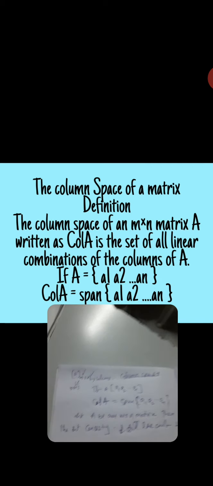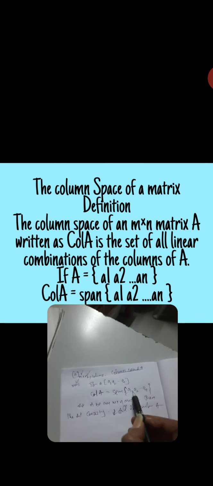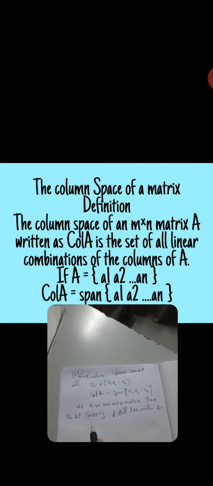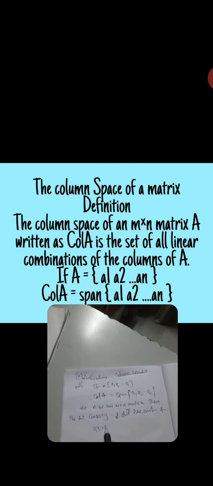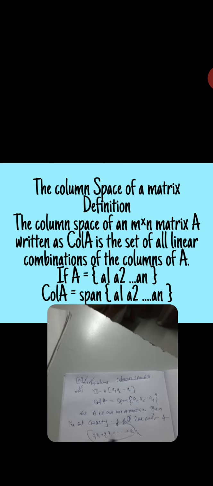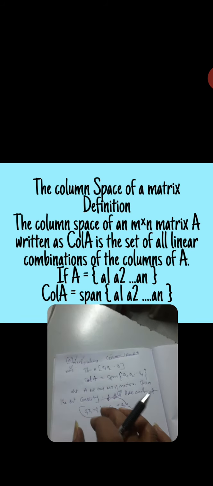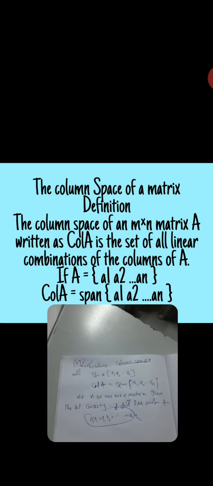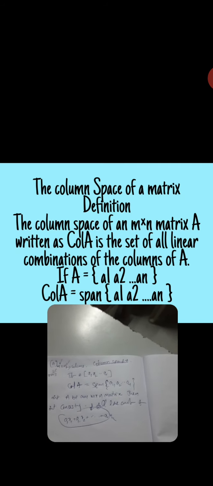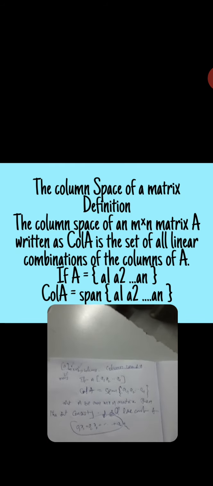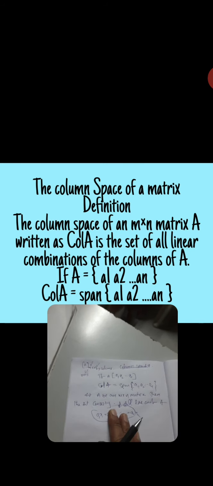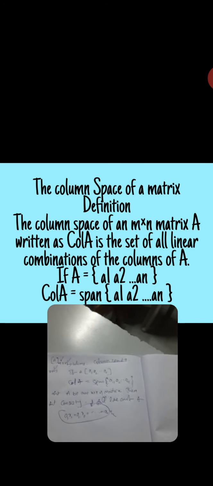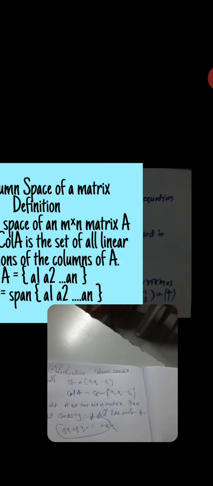This is span of A1, A2, ..., AN, meaning A1 x1 plus A2 x2 plus ... plus AN xn. This is the linear combination. This is the definition of column space.